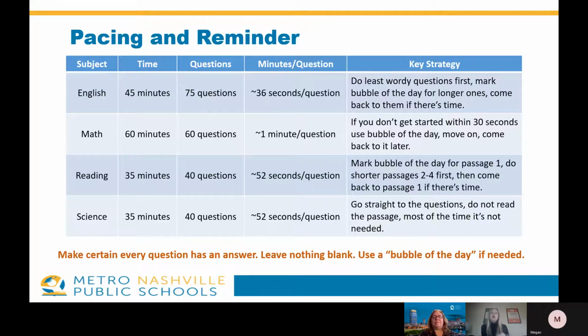That means often the least wordy answer is the correct answer, and this test measures English. Reading measures reading. So on the English test, if you come to a question that is wordy, you want to guess with the bubble of the day and keep going, because on the English section, we're only looking at grammar.